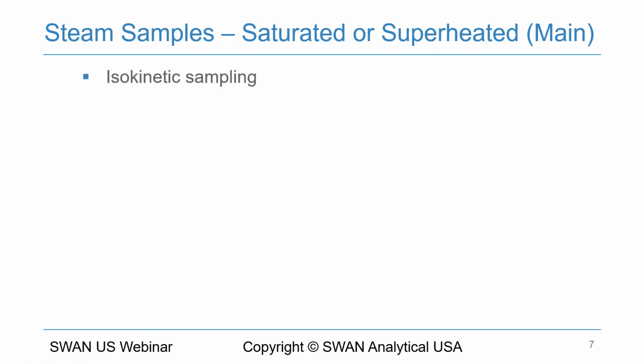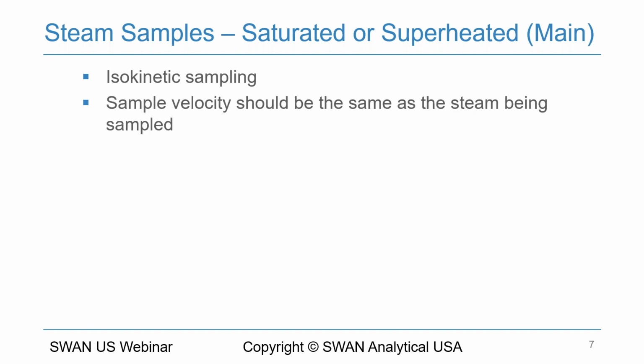Some of the things that we would look for or design into the conditioning solution would be, do we need isokinetic sampling? In other words, are we going to use isokinetic nozzles to pull the steam in a representative manner from the process line? What are the sample velocities?